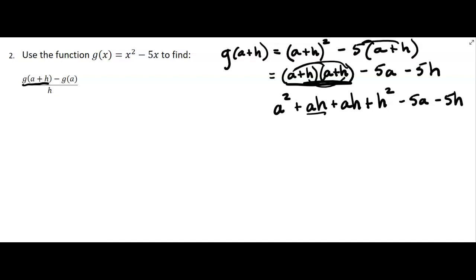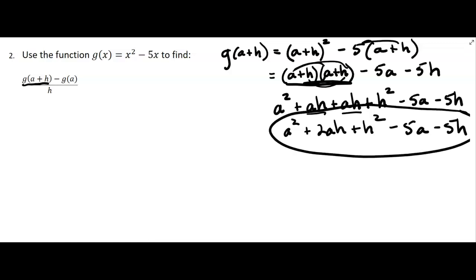Now, you could say there's two of them, right? So you're going to get a squared plus 2ah plus h squared minus 5a minus 5h. Whew. All of this is just that part.